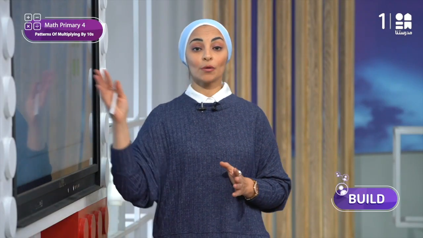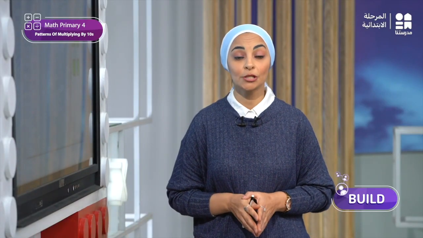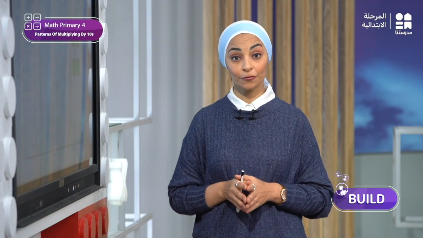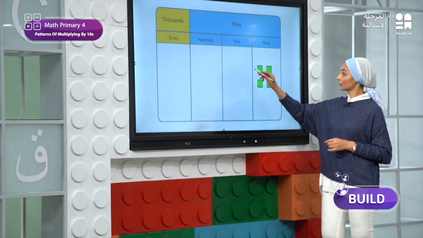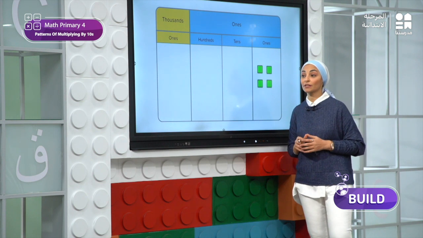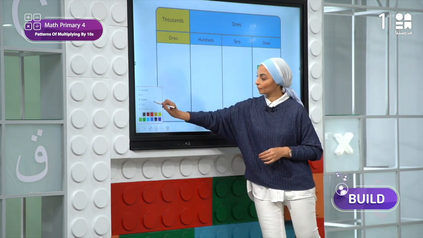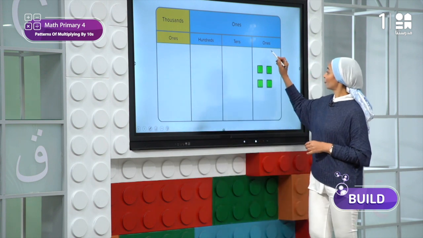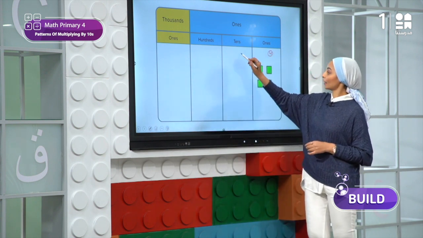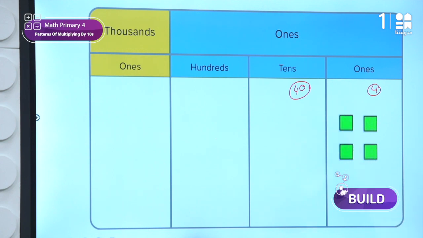What about the tens? In problem 2 we have 10 times 4. Okay, this is problem 2. 10 times 4 gives me 40. Let's write it first. So here I have 4 tens and here I have 40. How can I represent 40?